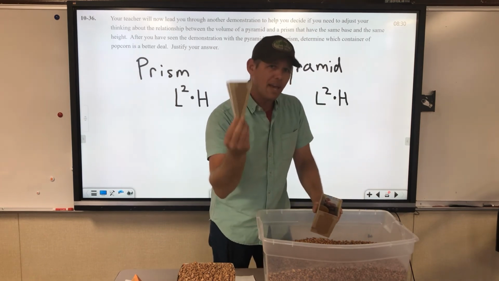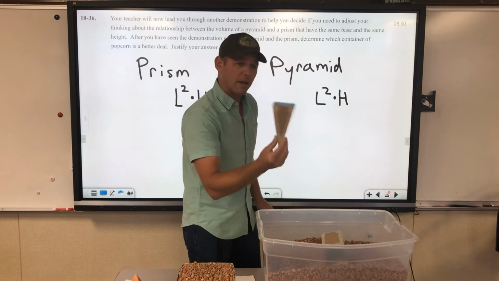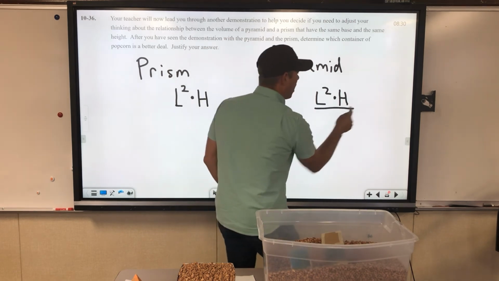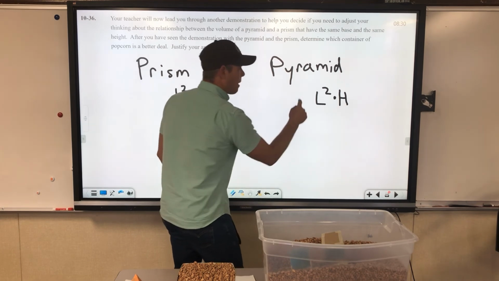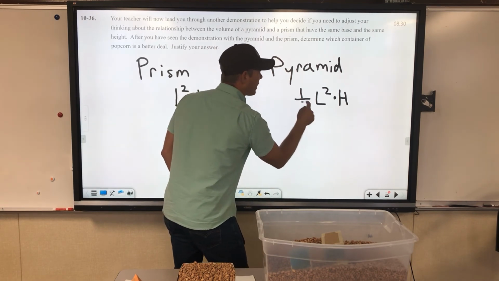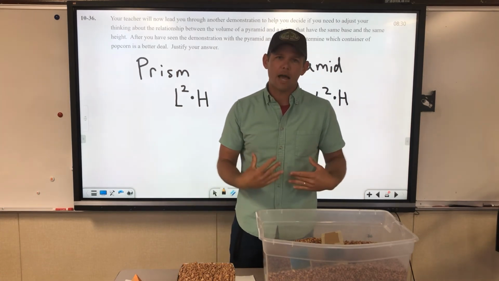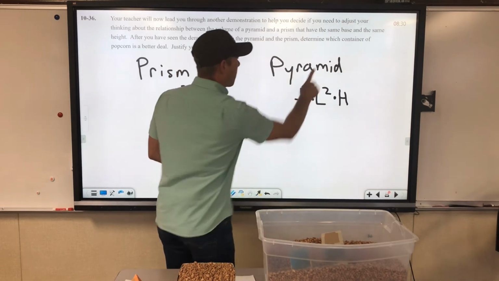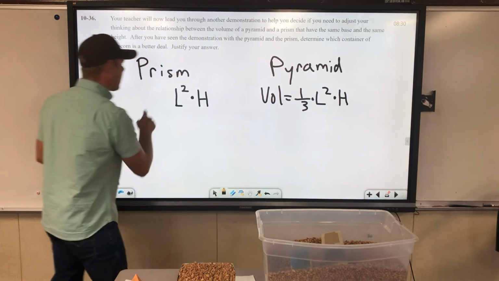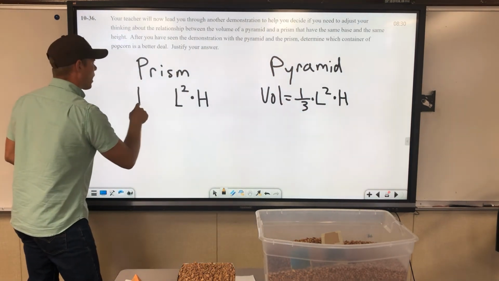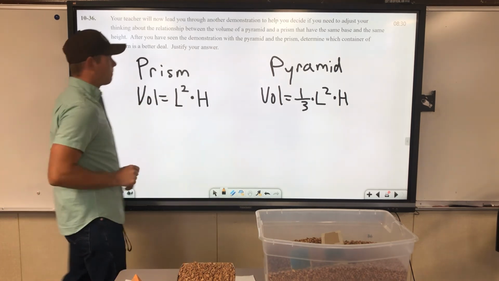The pyramid is 3 times smaller. Therefore, I could divide it by 3 like this. But most of the time, you will see it as 1/3 the size of a prism. So the pyramid's volume can be found that way, and a prism can be found using this formula.